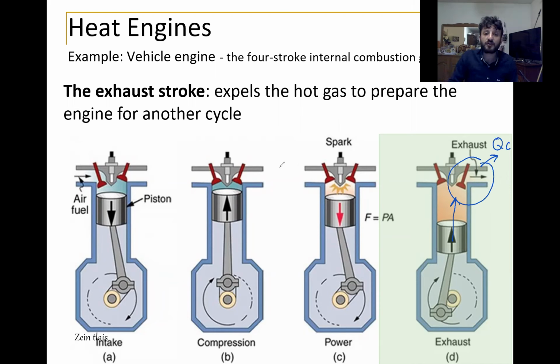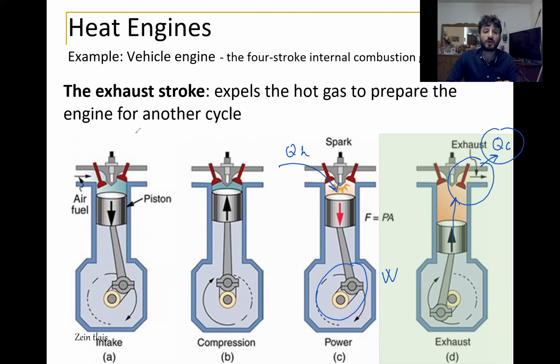We have Q hot added to the system by the ignition of the gas. We have a motion of the crank, and a quantity of work exerted by the crank. And at the last step, we have a quantity of heat lost by the system.